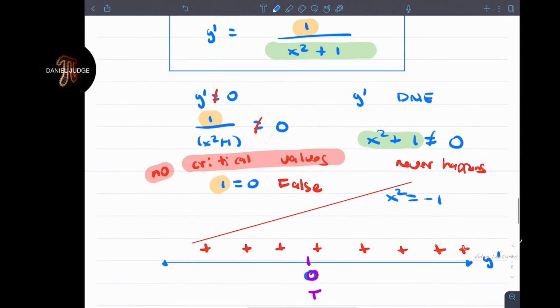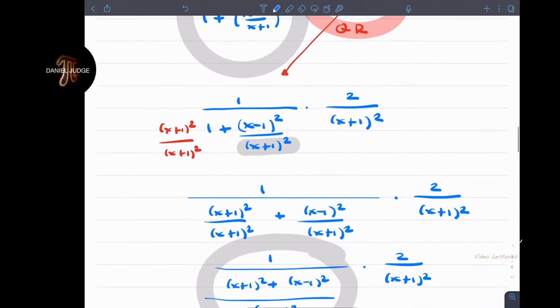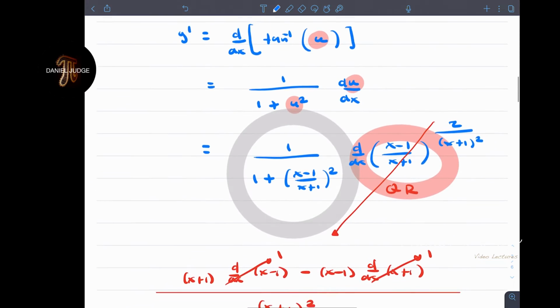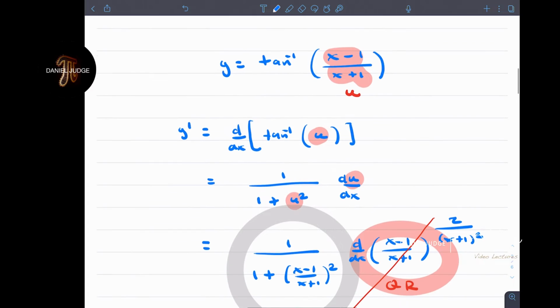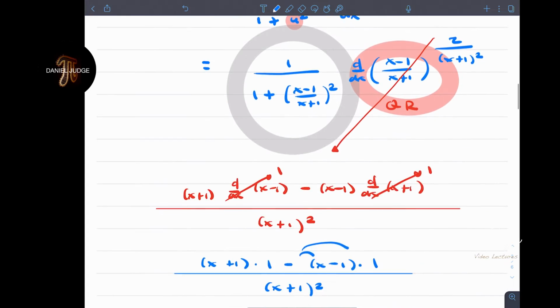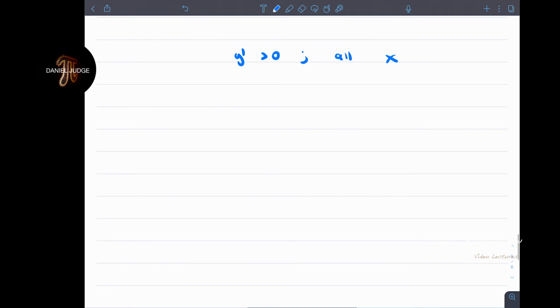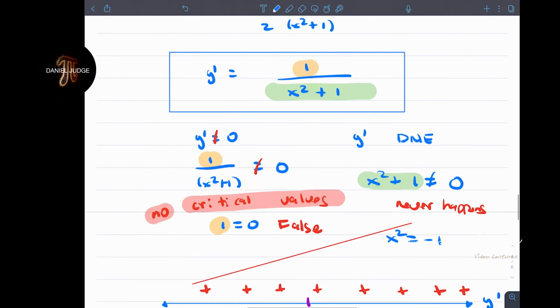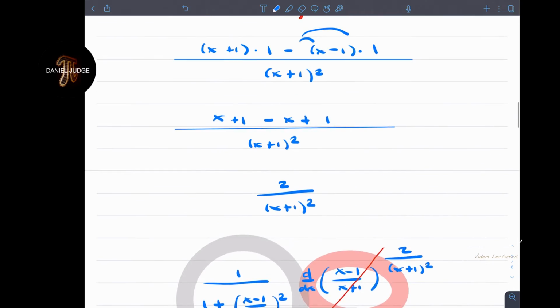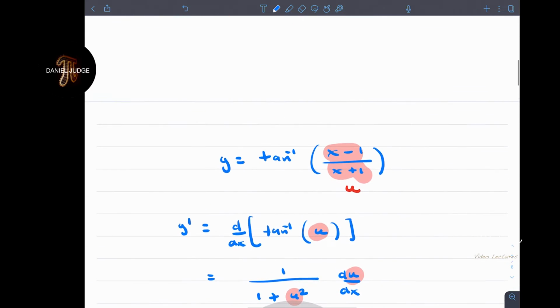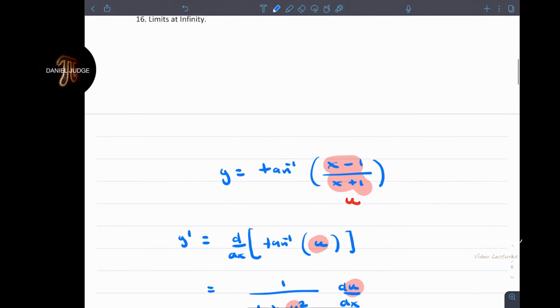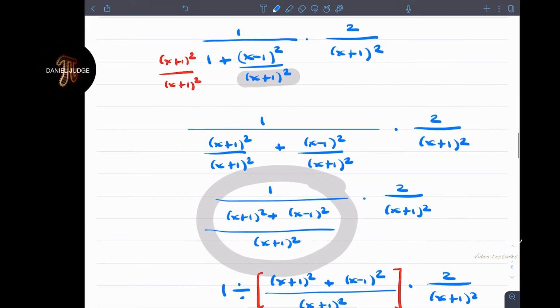Now go back and you say, what do you mean all the x values? This function here is an inverse tangent function. Let's write down what this function is. y is inverse tangent of, I believe it was, x minus 1 over x plus 1.